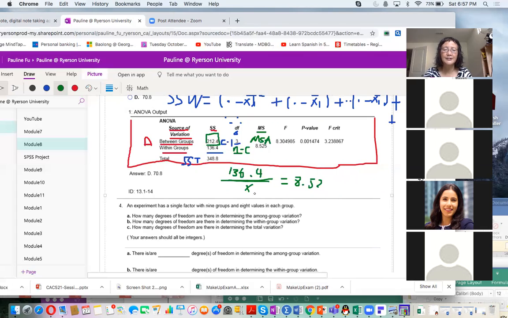So solve for X. So X equal to 136.4 divided by 8.525, you get degree of freedom for within groups.